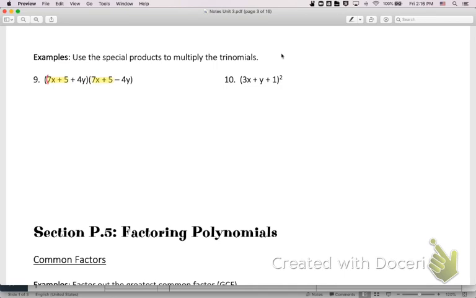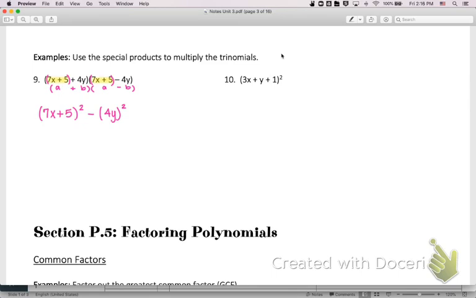So if I group these by adding some extra parentheses right here, I now have an a plus b, a minus b kind of situation. This is the case where I think this is the easiest and the biggest time saver. Because remember, when we multiply conjugates like this, the answer comes out to a squared, so that's 7x plus 5 squared, minus b squared, so that's 4y squared.